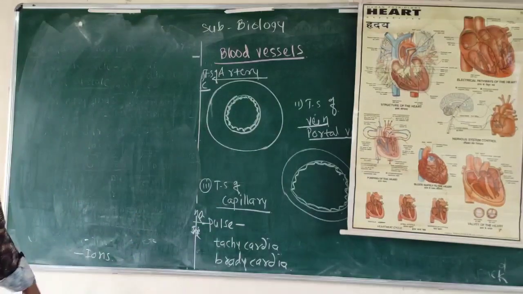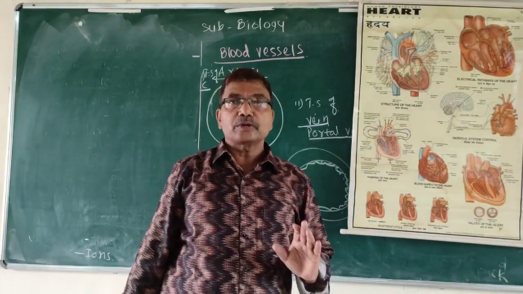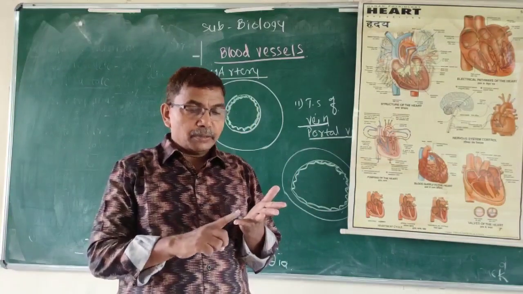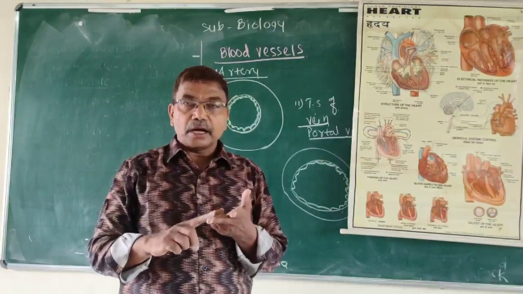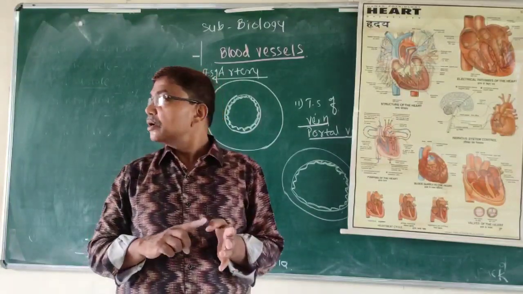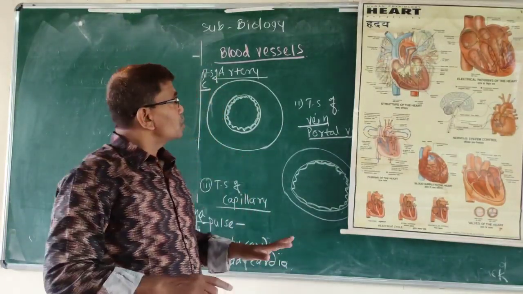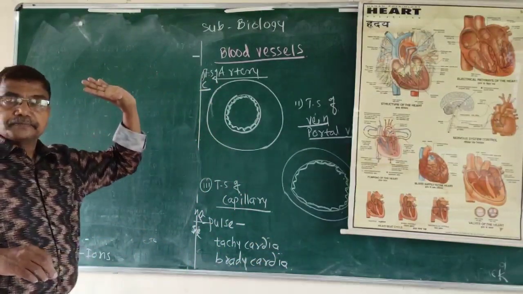Before this, we have discussed two components of the closed type of blood vascular system: the blood and its components, then the heart, its external morphology, internal structure and working. Then the third component is the blood vessels.